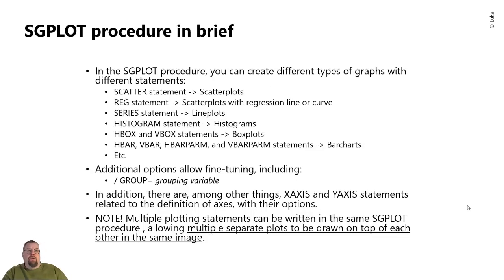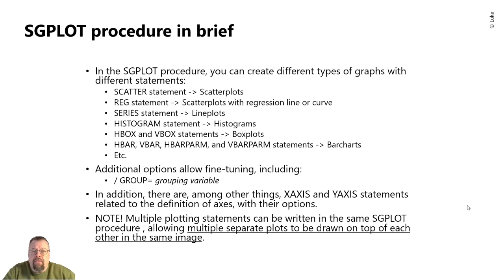And the way you create these different types of graphs in the SGPLOT procedure, you use different statements for each graph type. So the first one is scatter, that can be used to produce the scatter plots, or the reg statement can be used also to produce scatter plots, but there you can get a regression line or a curve in addition to the plot.